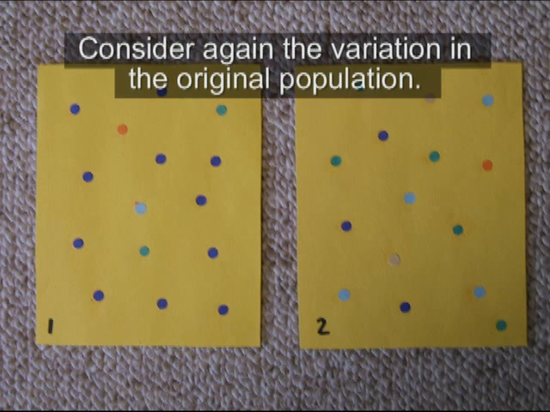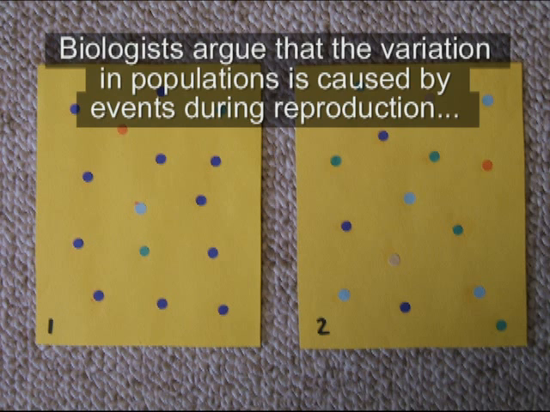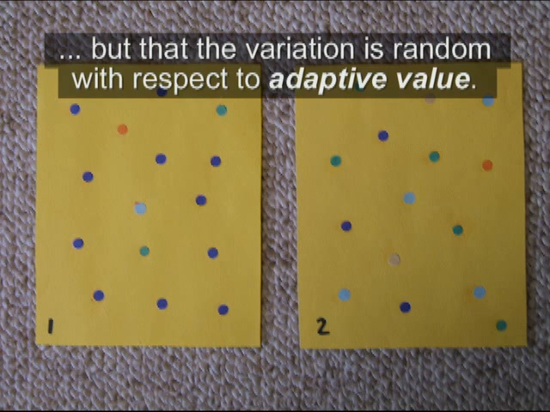Consider again the variation in the original population. Biologists argue that the variation in populations is caused by events during reproduction, but that the variation is random with respect to adaptive value.